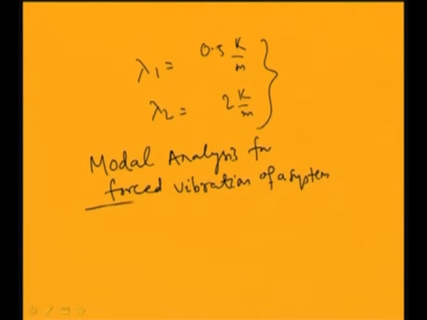In case of forced vibration, the equation of motion can be written in this form: m x double dot plus k x equal to f. This is for an undamped system, and if damping is present, then it can be written in this form: m x double dot plus c x dot plus k x equal to f.